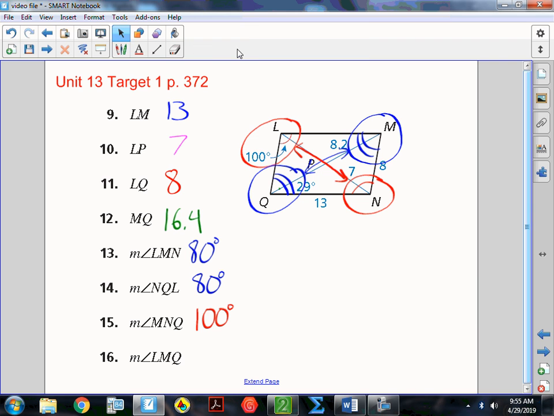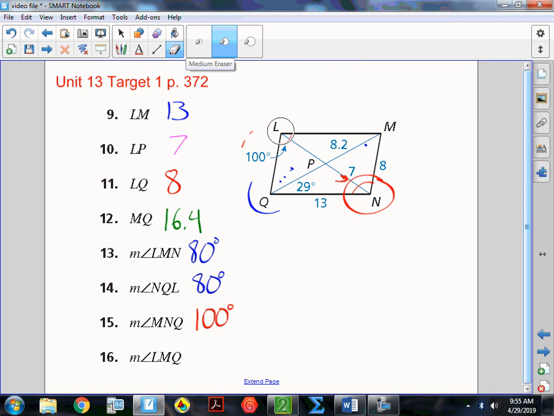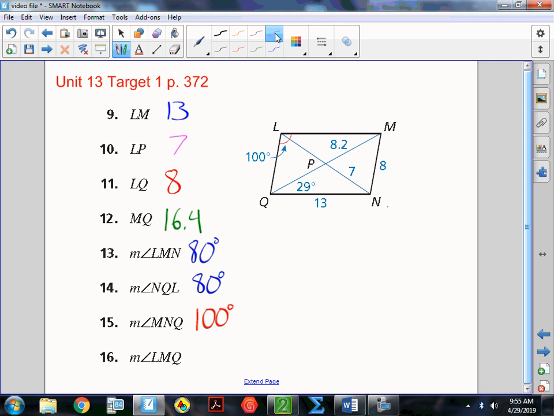And then angle LMQ. Again, erasing to try to get some space here. Angle LMQ is this part in the top right. It's the top half of that.